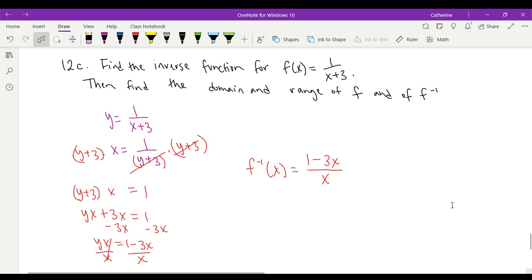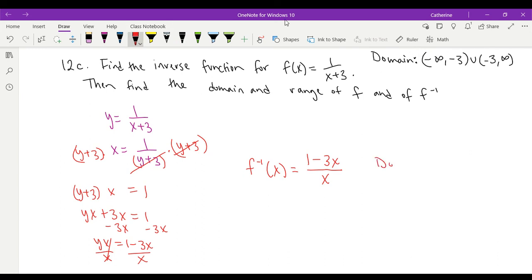So now let's think about the domain and the range of both of these functions. Maybe it's easiest to first think about the domain. So for 1 over x plus 3, the error value is negative 3, so the domain would be negative infinity to negative 3, union negative 3 to infinity.